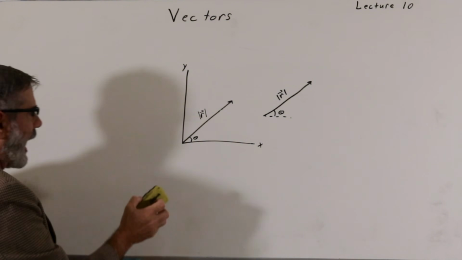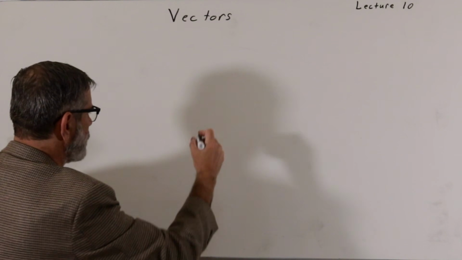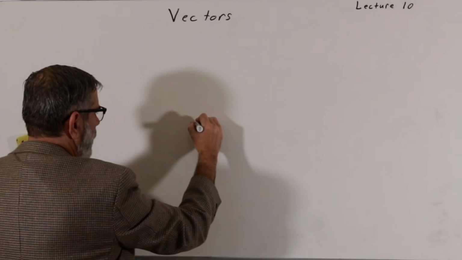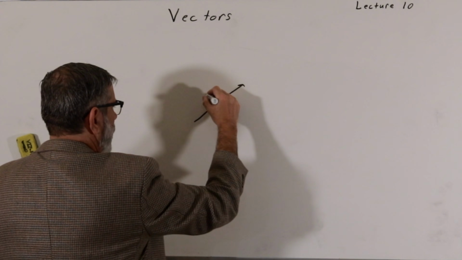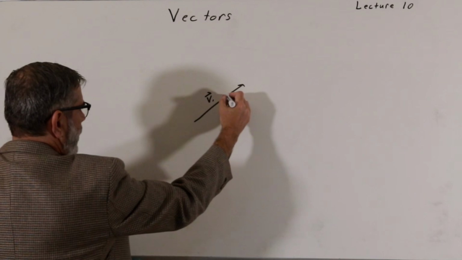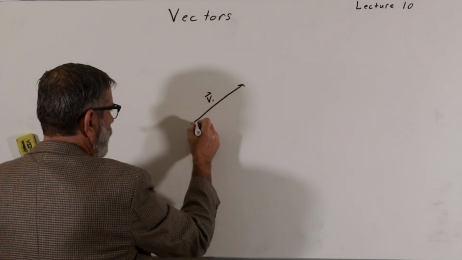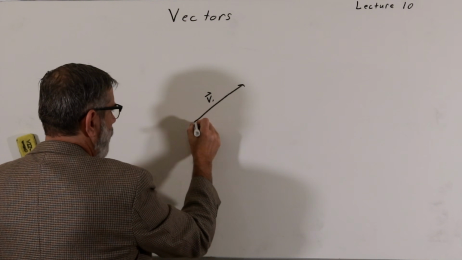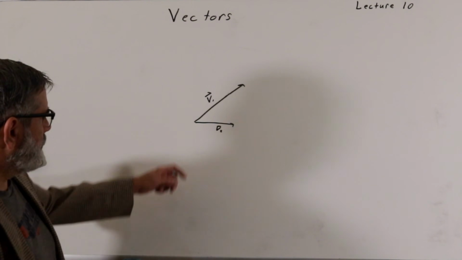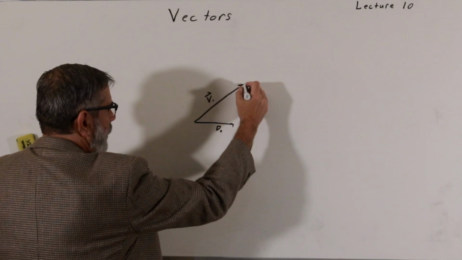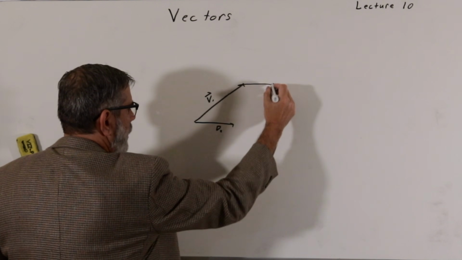And so that brings up adding of vectors. How do we add vectors? Well, geometrically, the way that you add vectors is head to tail. So if this is vector 1, and I have another vector, vector 2, which goes almost entirely horizontal, I'm free to move this vector up here, like so.